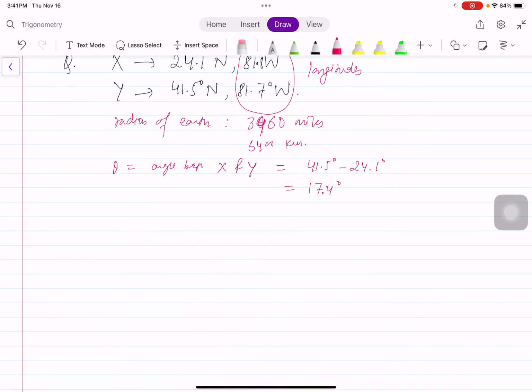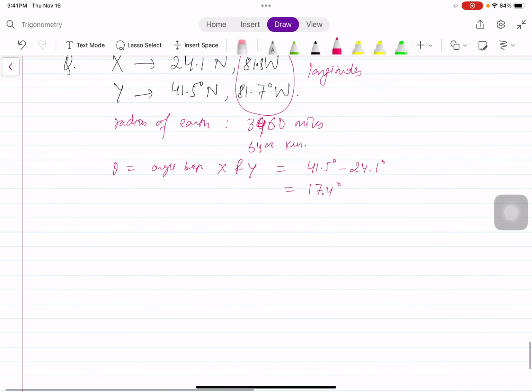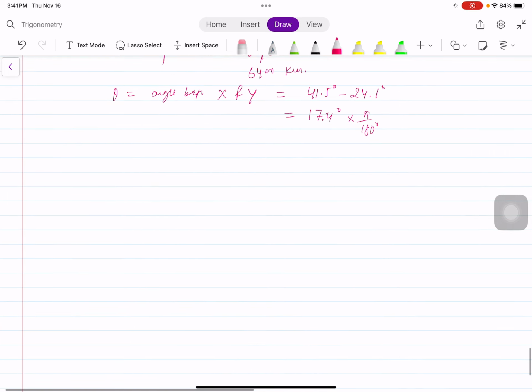Now since we will be using the formula s equals r theta, we will convert this into radians by multiplying by pi over 180 degrees. Whatever number this is, I will directly plug in the value.